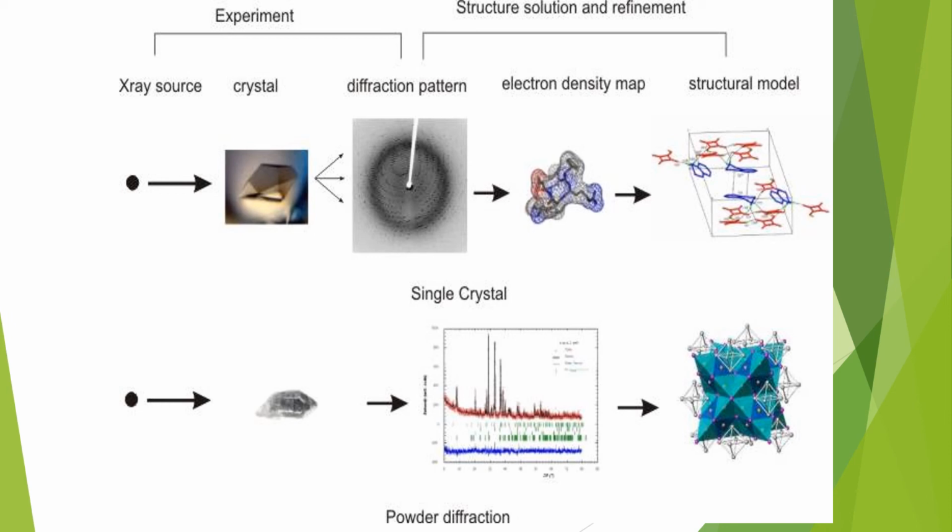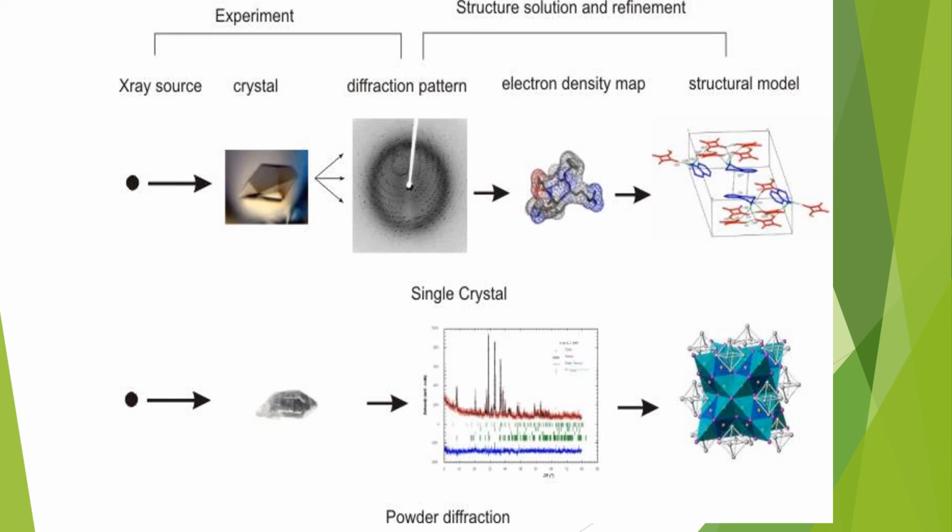Here is a schematic diagram that is also showing the comparison between the single crystal and the powder diffraction. In the single crystals, the source used is an X-ray source, and the X-rays fall on a single crystal, and after that these X-rays are scattered at different angles and make a diffraction pattern.